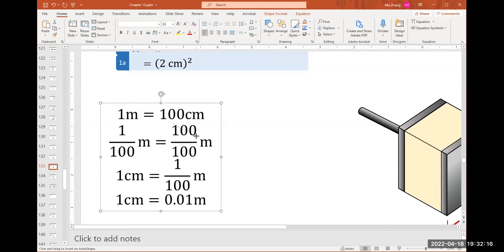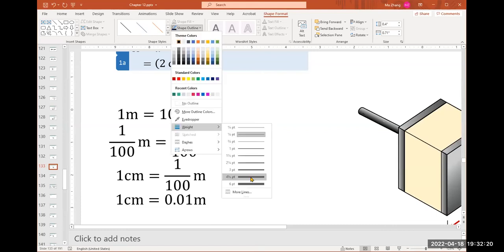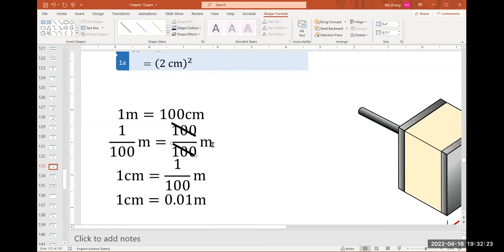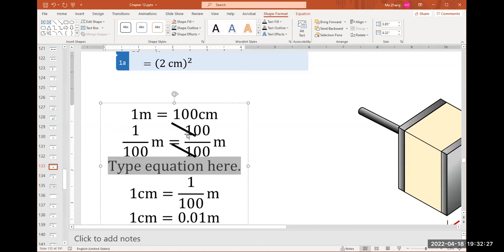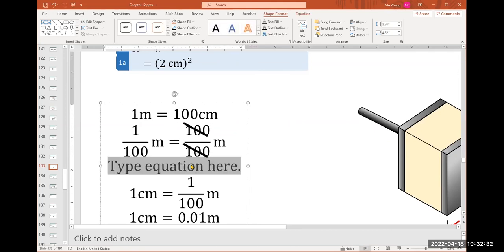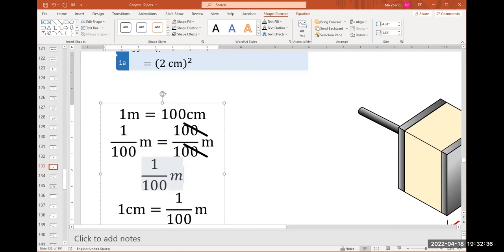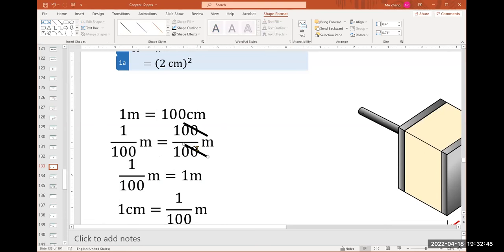So 100 divided by 100 cancels out, and so only 1 meter left. So this is 1/100 meter equals 1 meter. I know there are lots of steps.